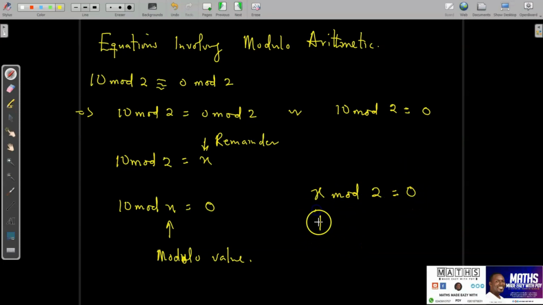So when it comes to equations involving modular arithmetic, we have three main categories of questions. One, you may be asked to find the remainder. Two, you may be asked to find the modulo, or the mode in which the operation is being carried out.